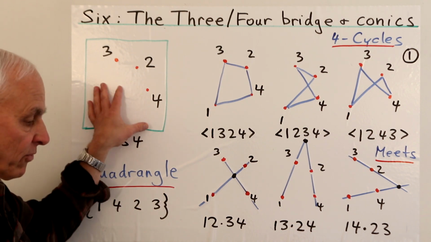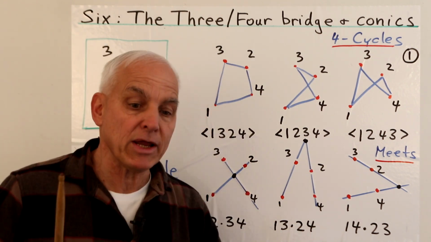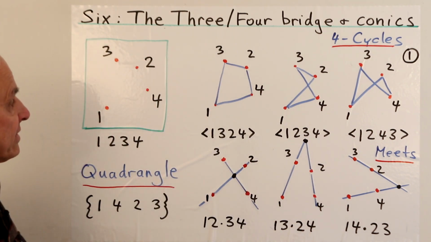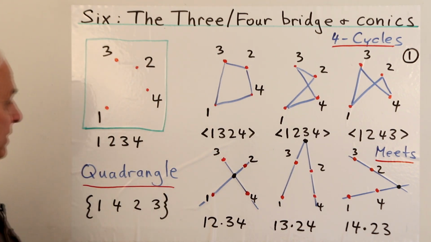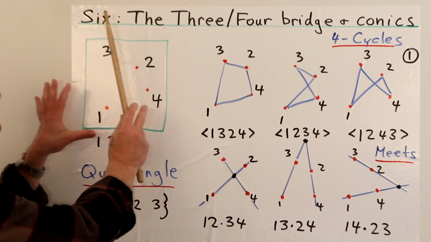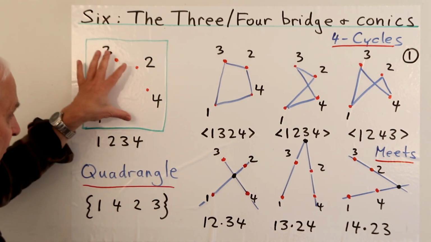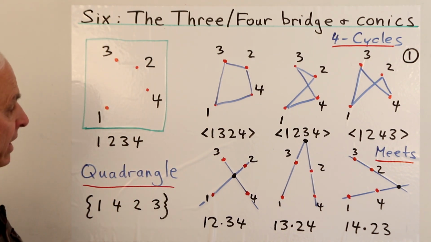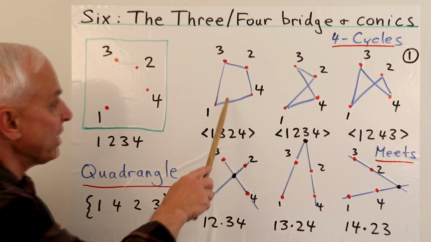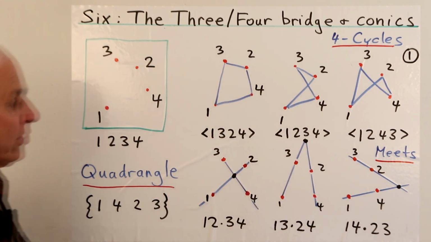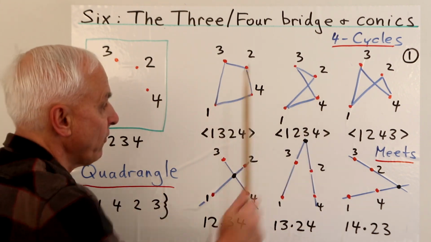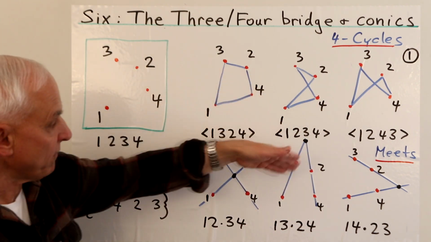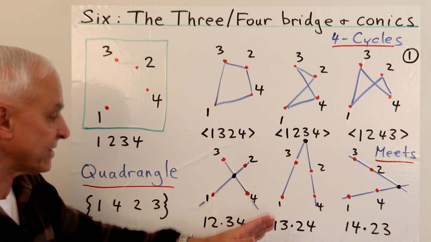So we're going to be talking about the relationship between 4 and 3 that we discussed last time. If we start off with 4 points, say 1, 2, 3, 4 in the plane, so we're actually sort of thinking about some physical representation, then we had 3 associated 4 cycles that we could associate to this set of 4 points. Here are the four cycles, and associated to these 4 cycles are 3 meets.